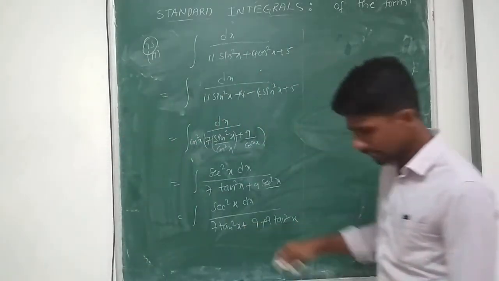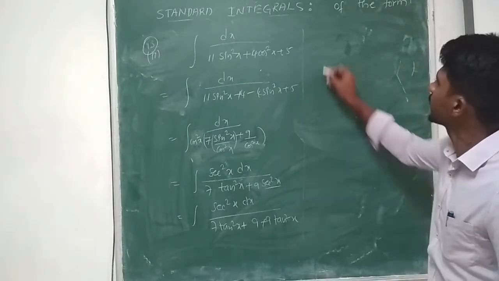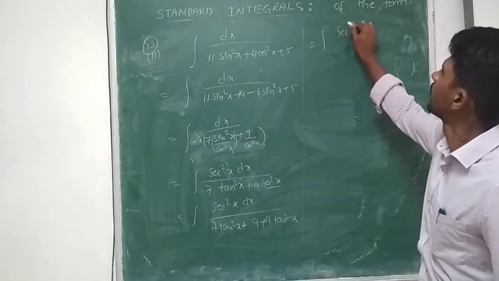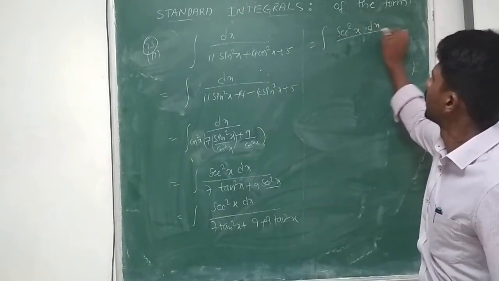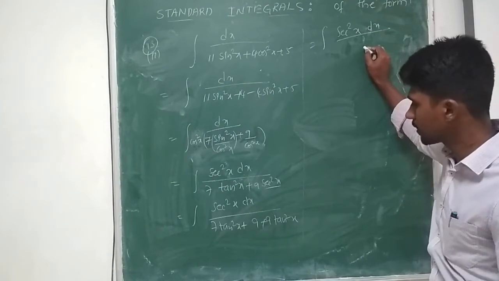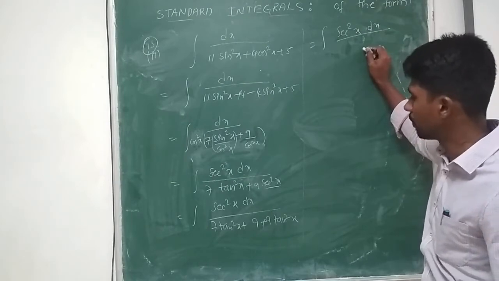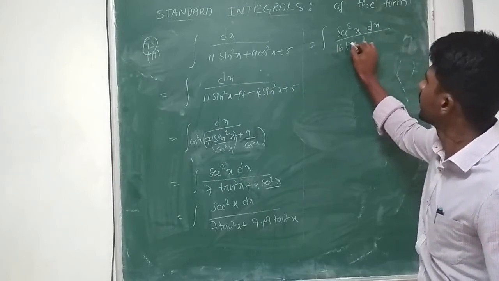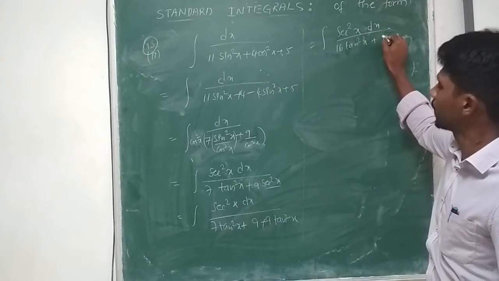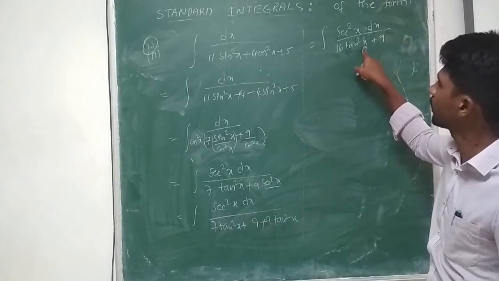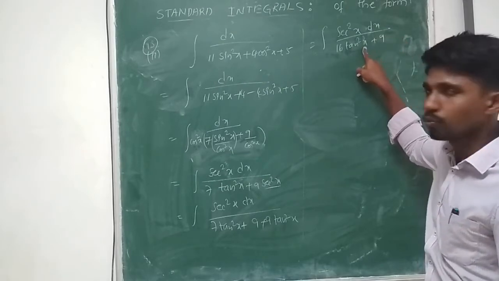Now I get secant square x dx divided by 7 plus 9, that is 16 tan square x plus 9.